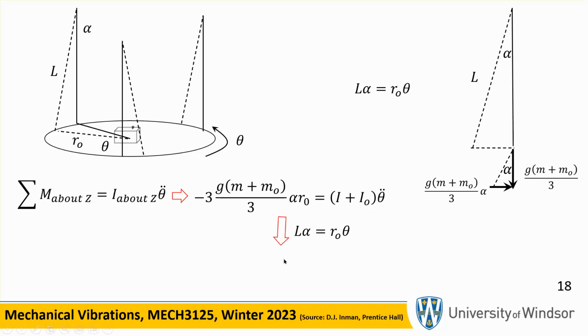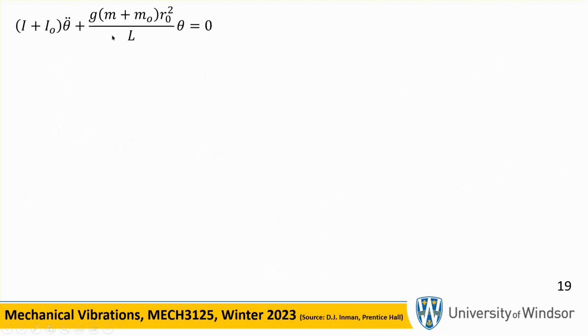Now this alpha, we're going to get rid of it based on the expression that I have up here. You plug it in, no more alpha there. And I take everything to one side. This has a theta double dot in it and a theta in it, so take it all to the right-hand side or left-hand side, and you get this.